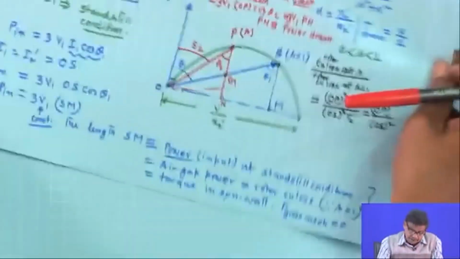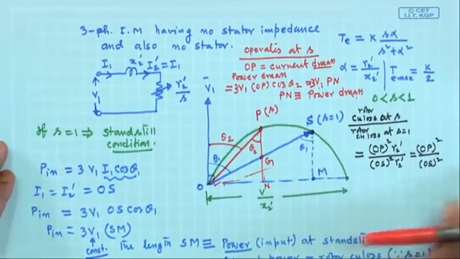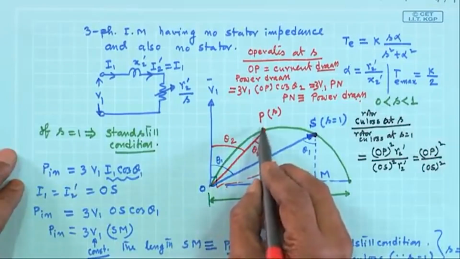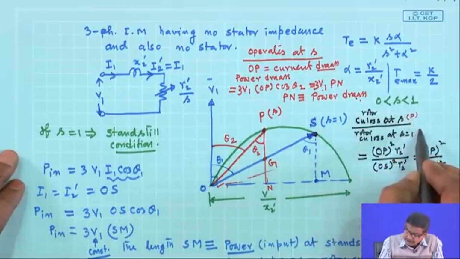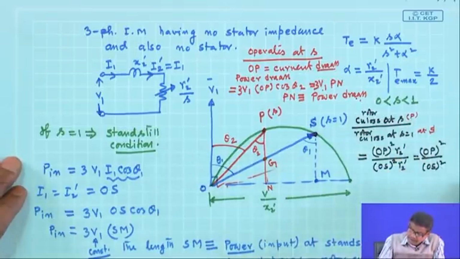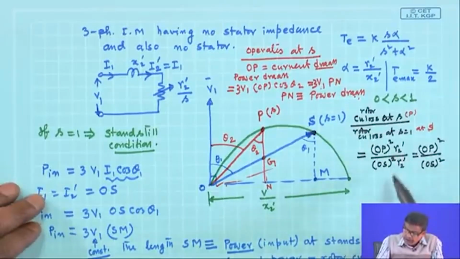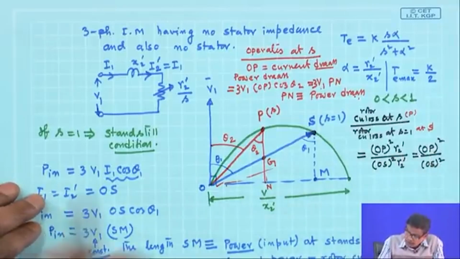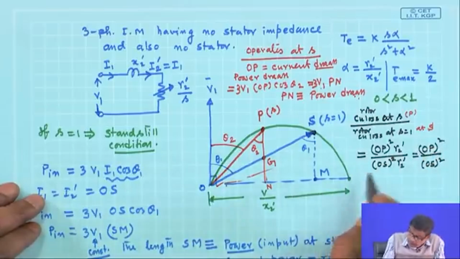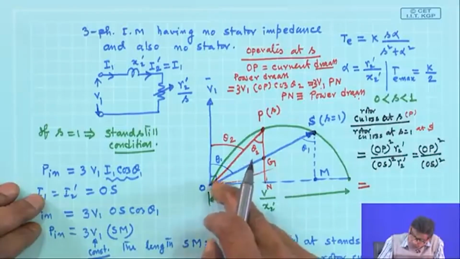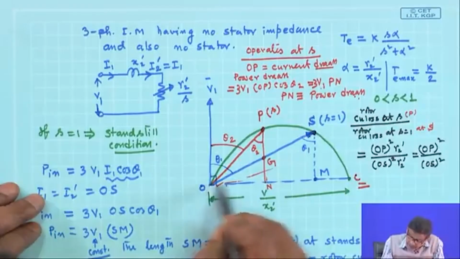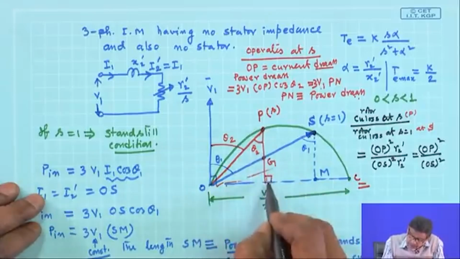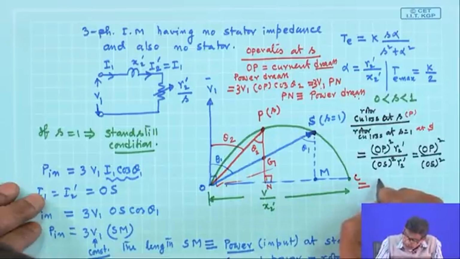After you get this, we were here, taking the ratio of the rotor copper loss at operating point P, that is with any slip S, and this is at capital S point. And we found that R2 dash cancels out. So, it will be the ratio of OP square by OA square. Now, this OP square, if you call this point C, will be ON into OC, because this is a perpendicular drawn from P upon the diameter.